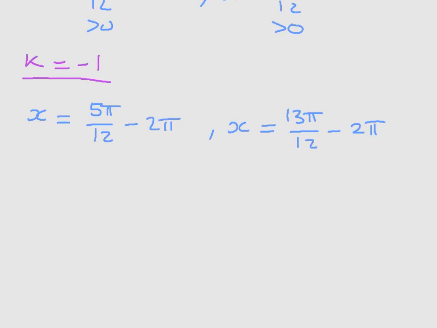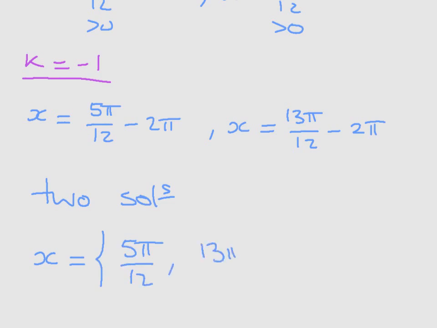So we can ignore these solutions as well. So all in all, our two solutions are the values we found when k is equal to 0, which were x equals 5 pi over 12 or x equals 13 pi over 12. And there we go.